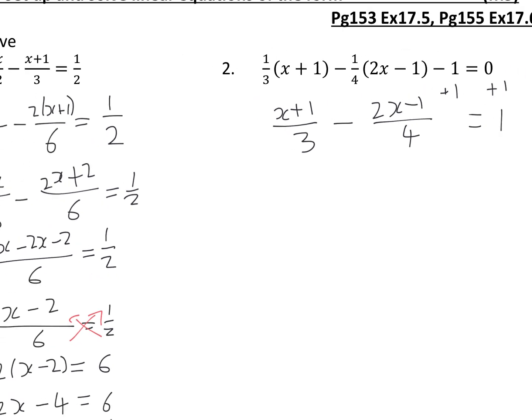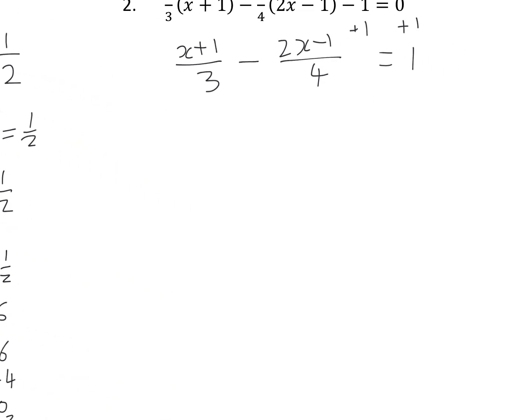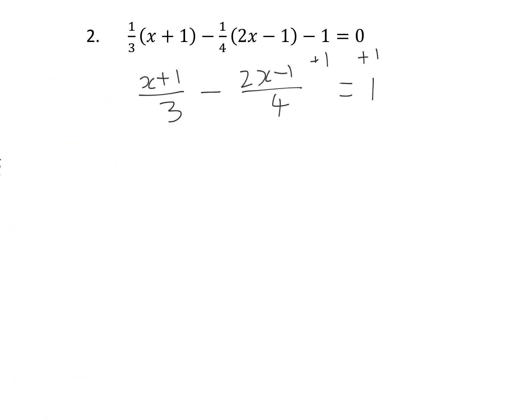And now you can see that's quite similar format in these two questions. So let's go into solving this. We'd have to get a common denominator, which should be 12. 4 3s are 12. You can get a common denominator on the right-hand side, but you don't have to. We can multiply the first fraction by 4. 3 times 4 is 12, so we'd have 4 x plus 1s.